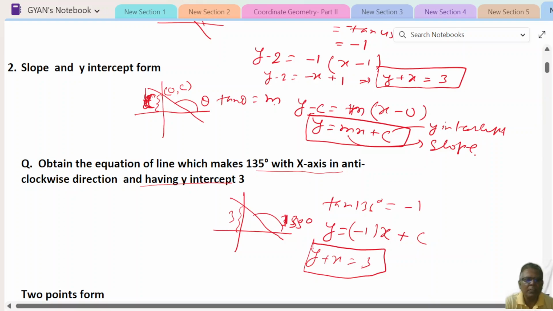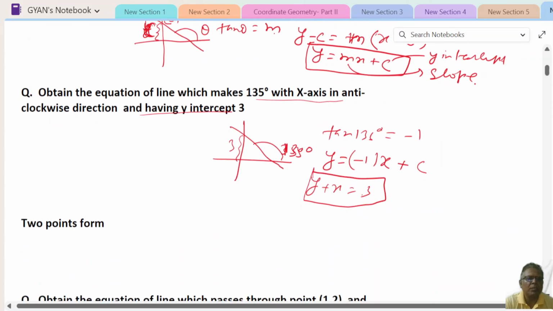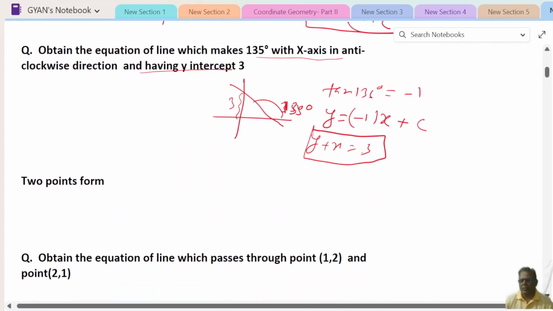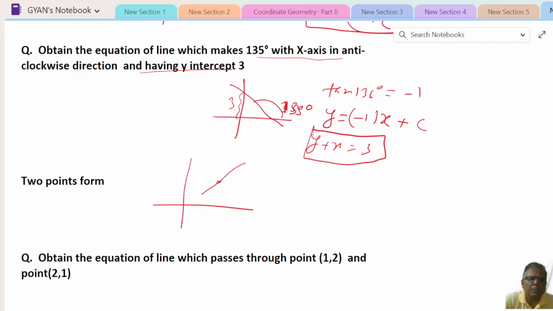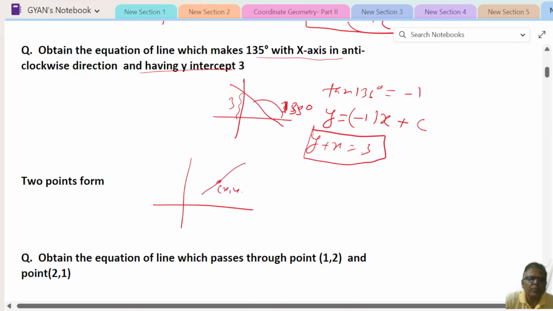So now come to the third form, that is the two-point form. Suppose one line is there. This point is (x1, y1). This point is (x2, y2). Then the slope will be m is equal to (y2 minus y1) divided by (x2 minus x1).